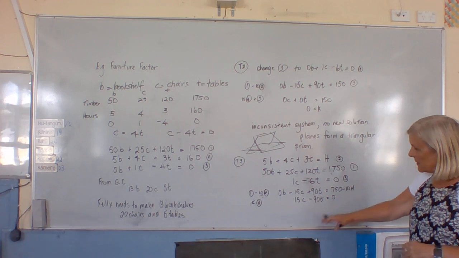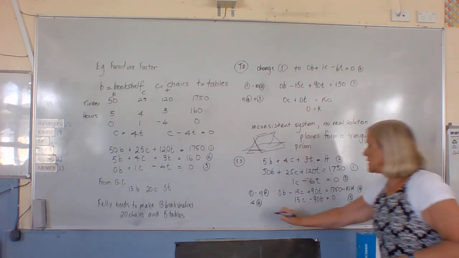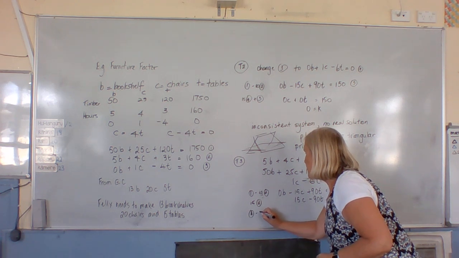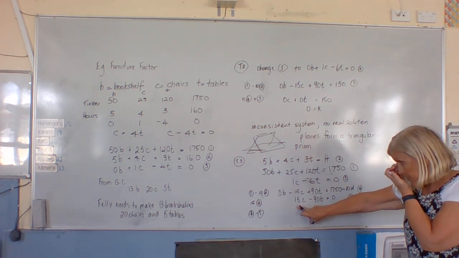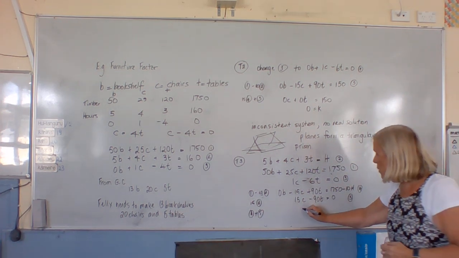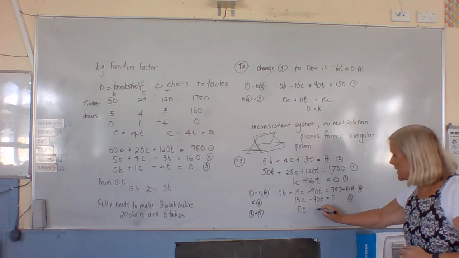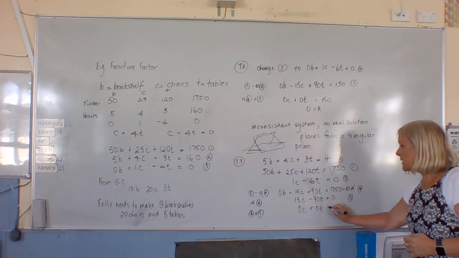When we subtract these two, calling them 4 and 5, because we like numbers in order, 4 minus 5, so negative 15 plus it gives no C's, 90 minus it gives no T's, this one plus this one gives us this.